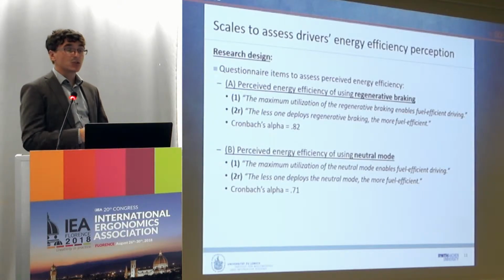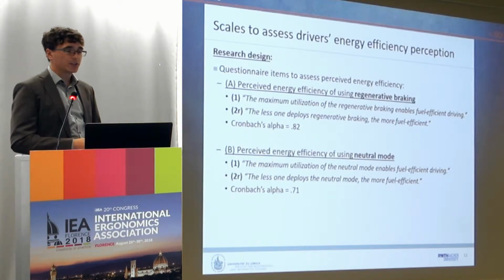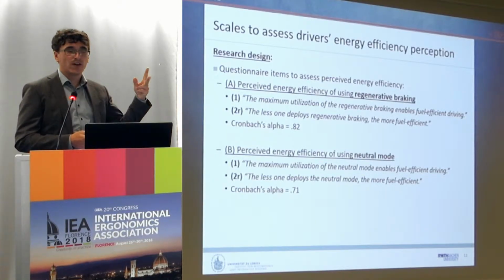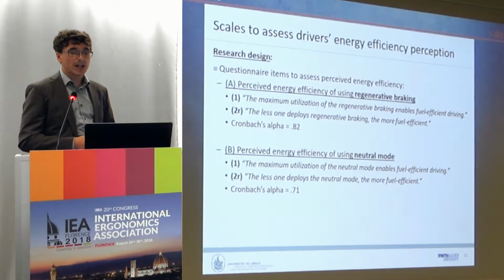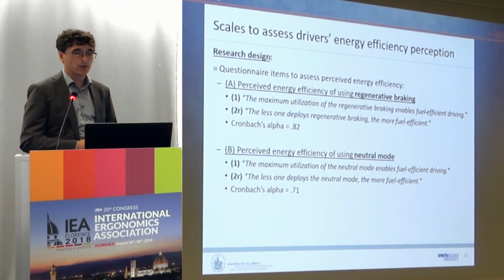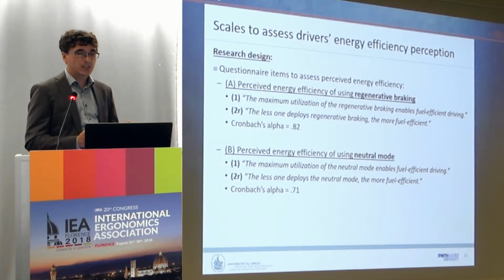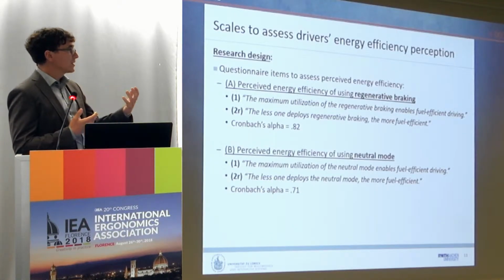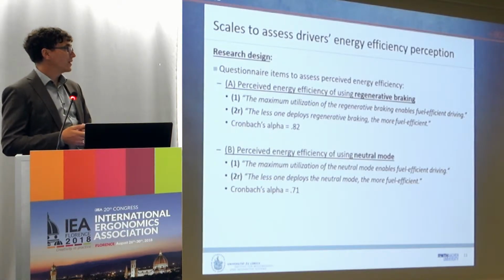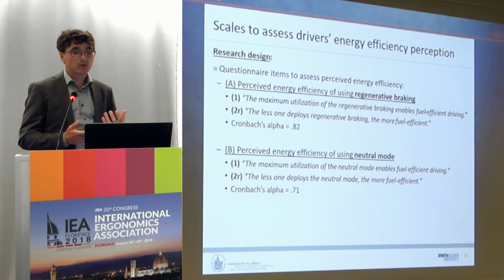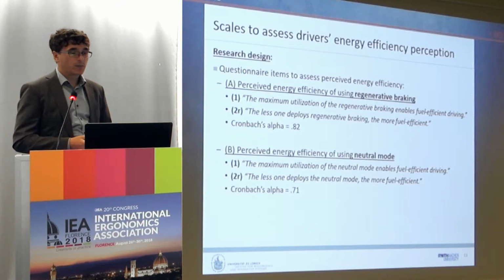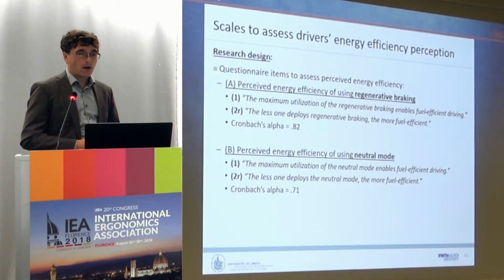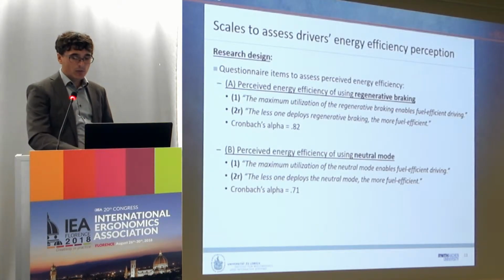Okay, to assess this perceived energy efficiency, we had two scales. They are very closely related, so you just have to read the first items. Perceived energy efficiency of using regenerative braking: maximum utilization of regenerative braking enables fuel-efficient driving, or, the less one deploys regenerative braking, the more fuel-efficient, so reverse-coded. And the same for the neutral mode.